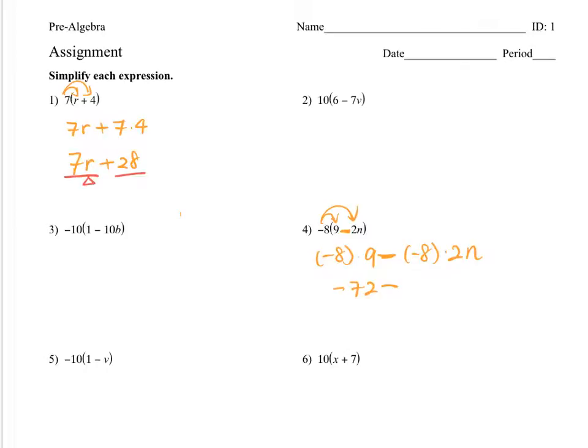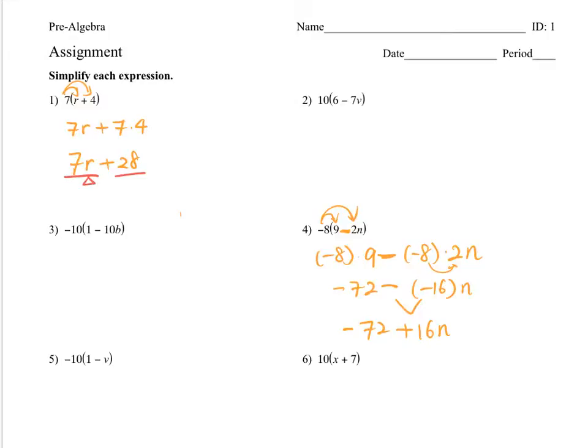I keep the minus. Then -8 times 2 is -16n. And over here, a double negative makes a positive. So rather than -16n, I have positive 16n, and bring down the -72. Okay? So that's number 4.